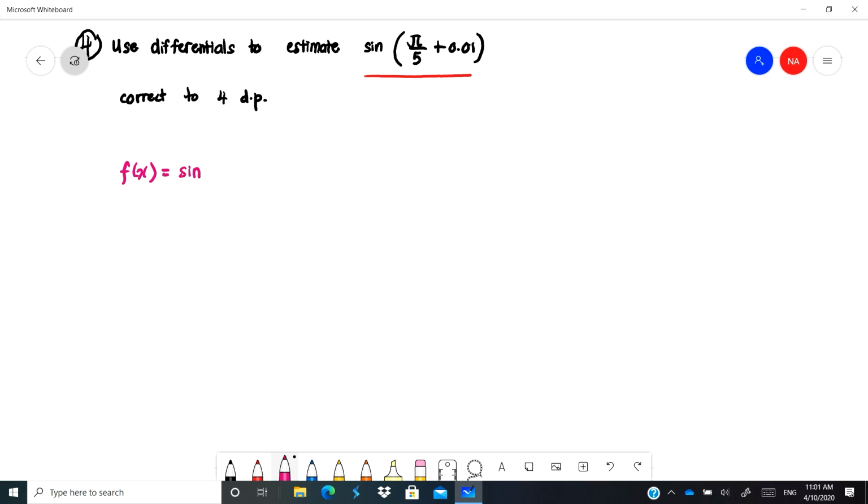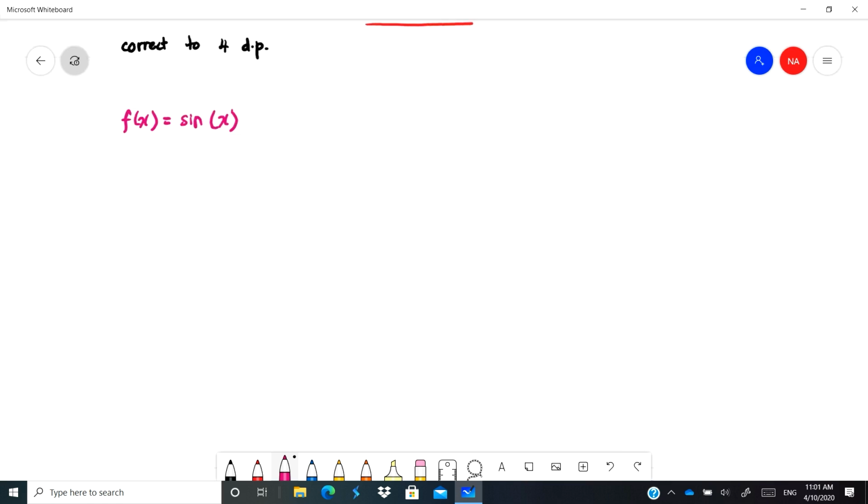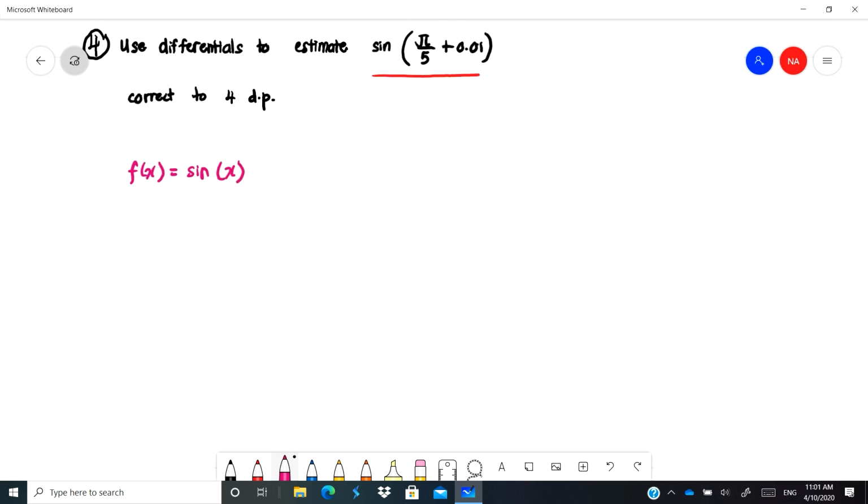In this case, the whole thing is x, so that's easier to differentiate. We assume the whole thing here to become x, so we'll get pi over 5 plus 0.01.